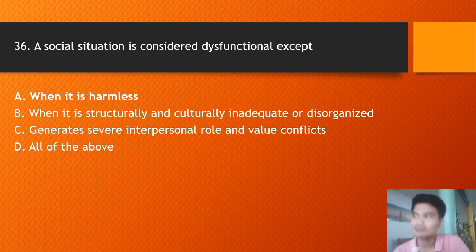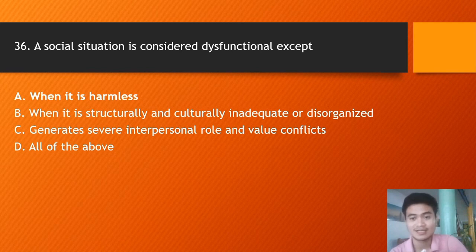For example, if mataas yung sense of security in the community, pwede silang nafe-feel nila na they belong to each other, they feel na walang manghaharas sa kanila, then that social situation is harmless. It is helpful. Letter B, when it is structurally and culturally inadequate or disorganized.